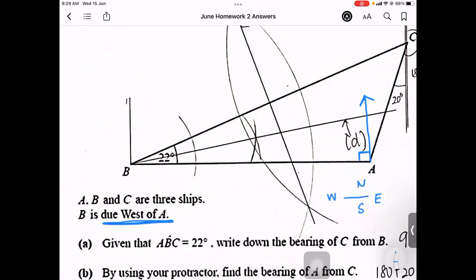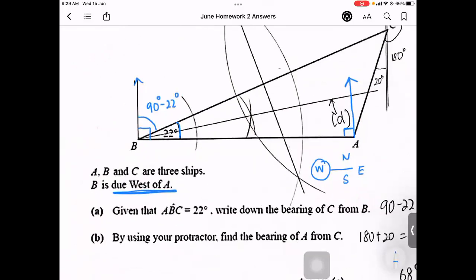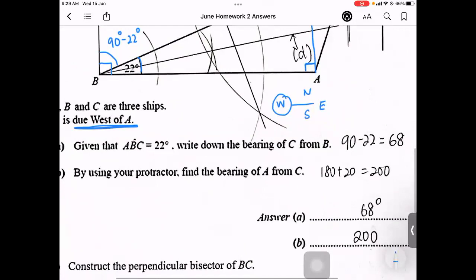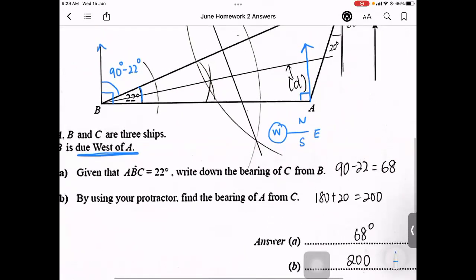So this one will be 90 degrees over here. If that's the case, my north over here and my north over there are all parallel. So that means this is also 90 degrees. Okay, given that this one is angle 22 degrees, then this one over here will be 90 degrees minus 22 degrees. Okay, which give you your answer, 68 degrees.